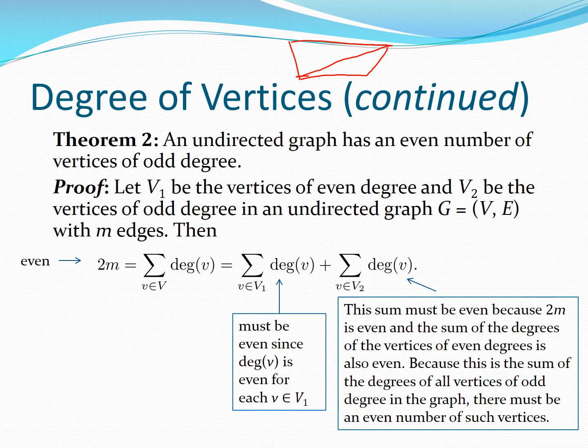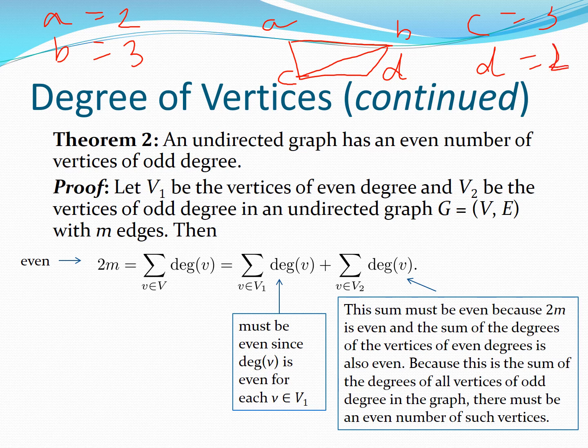Let's say that is A, that is B, C, and then D. What do you see here? The degree of A is 2. The degree of B is 3. The degree of C is equal to 3. And the degree of D is equal to 2.